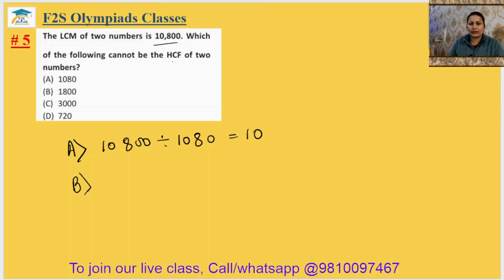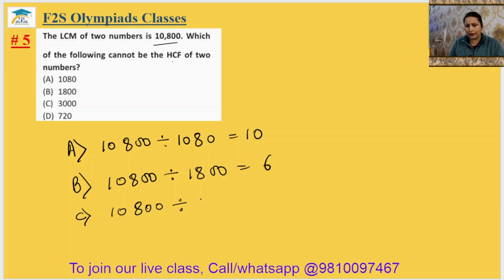Option B, 10,800 divided by 1800 will be 6. Option C, 10,800 divided by 3,000, we will get 3.6. So we can say 3,000 is not a factor of this. That's why 3,000 cannot be the HCF of the above said numbers. Fifth answer will be option C.